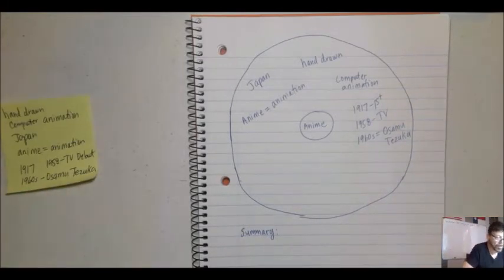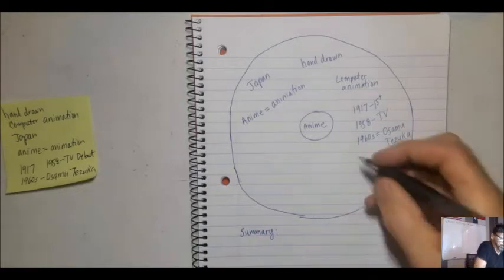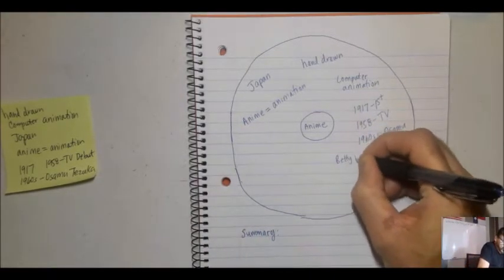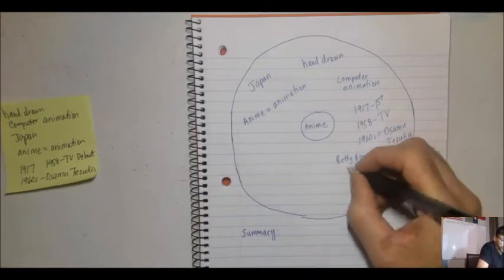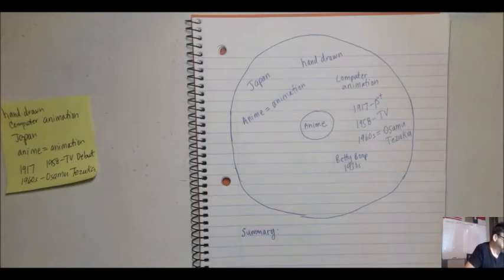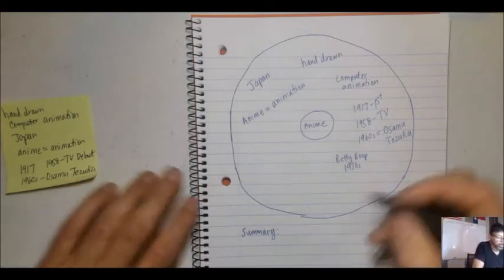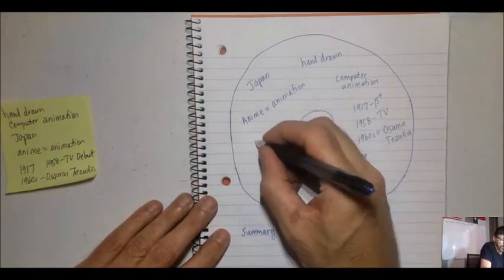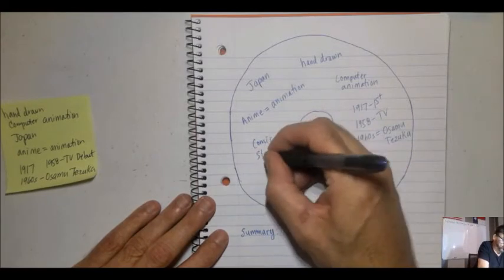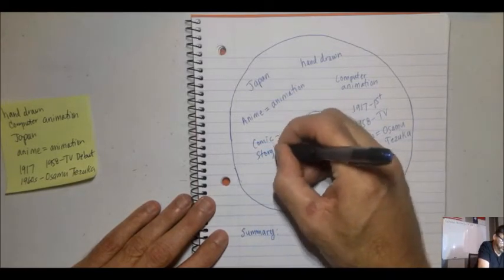Okay, and so that look that we're familiar with now, of course, being influenced by Betty Boop, which was the 1930s in America. Okay, influenced the look. And of course, you can find anime in comics, which is like storyboarding, right? It tells a story in pictures.